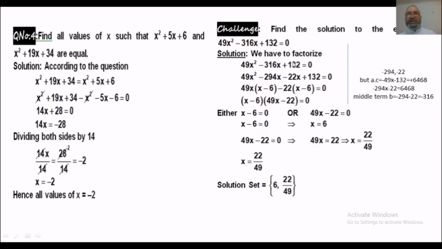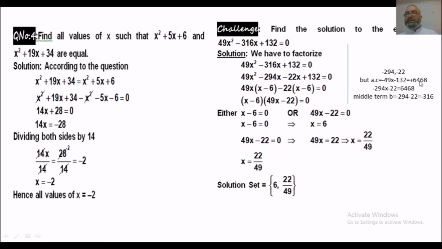By factorization, first of all, multiply the coefficient of x squared with the constant term, that becomes ac: 49 multiplied by 132, that is 6468. For the middle term, we find two factors such that their sum is equal to b, the middle term, and their product is equal to ac.